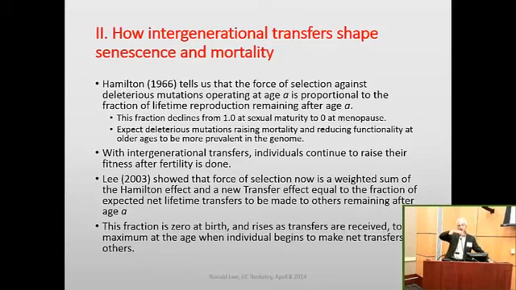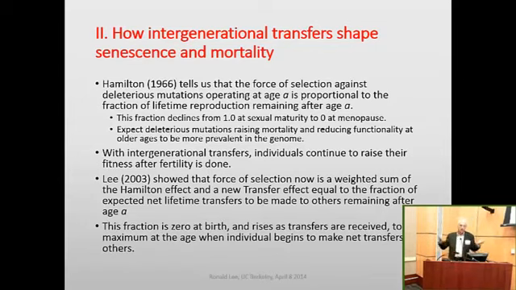And then as we age beyond that, a diminishing share of lifetime reproduction is in front of us, and the force of natural selection against any mutation that raises mortality at that age will be weaker and weaker until we get to menopause.